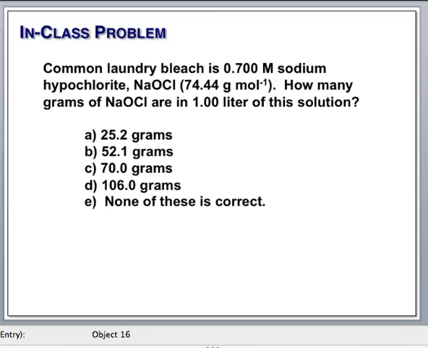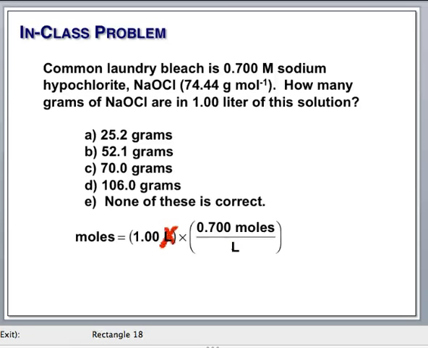Because once we know the moles of sodium hypochlorite, and we know its molar mass, we can calculate mass. Again, this is just going to be concentration times volume, 0.7 moles per liter. Our volume here is 1 liter. We're looking at 0.7 moles.